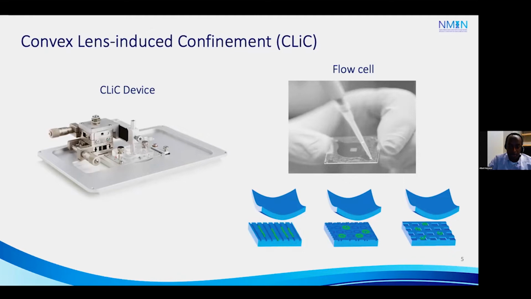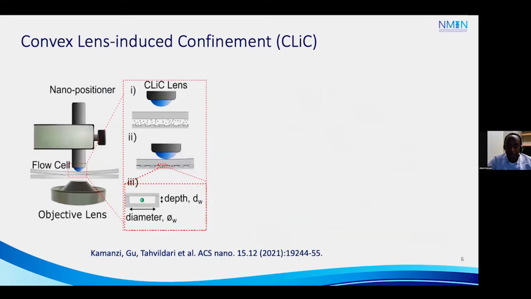We trap these particles by deforming the flow cell, pressing down on one of the surfaces to deflect it into the other surface. We achieve this by using the pusher lens shown again in the image of the device. The pusher lens is controlled by a piezo controller that gives us very high precision and control. In particular, for lipid nanoparticles, we use the CLiC technique to image single particles that are diffusing, confined in microwells.